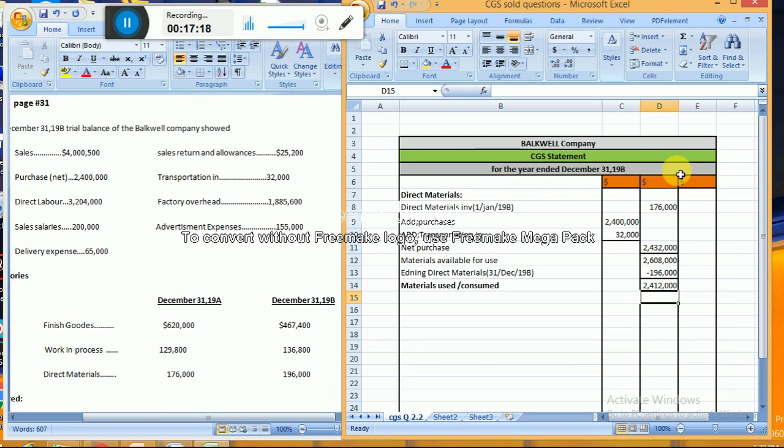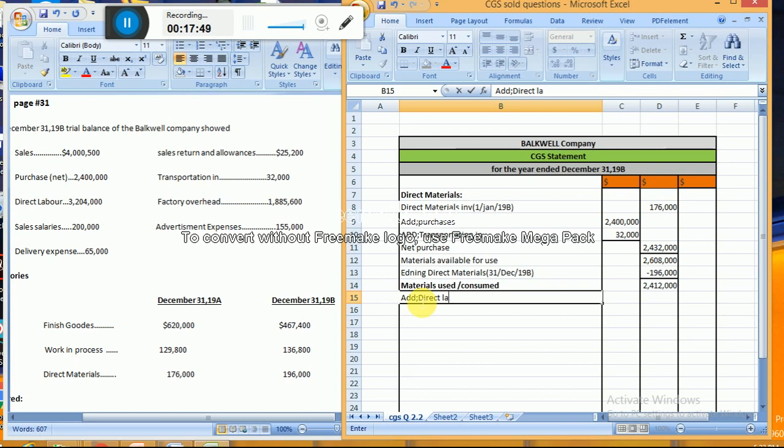It means that the 24,12,000 material we transferred from store to the manufacturing unit. Now when we transfer this material to process, some direct labor also takes place. Clear? So we will add direct labor cost.